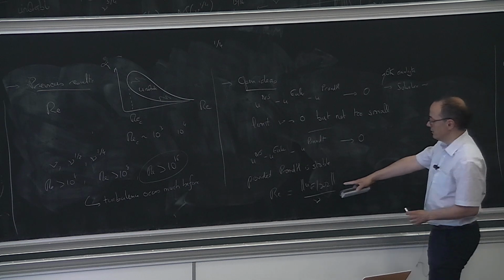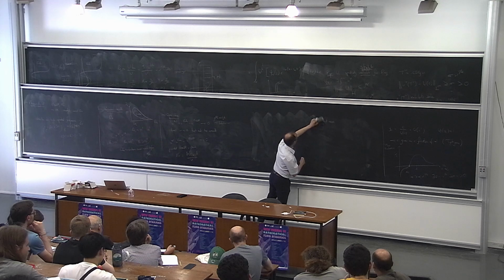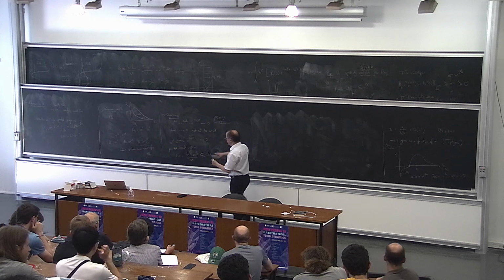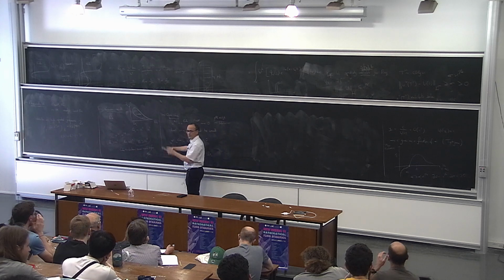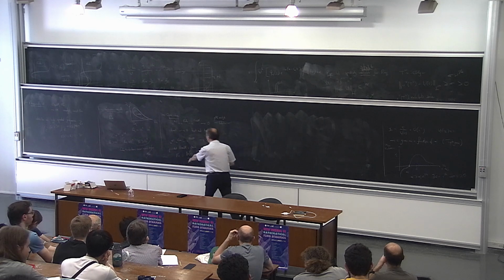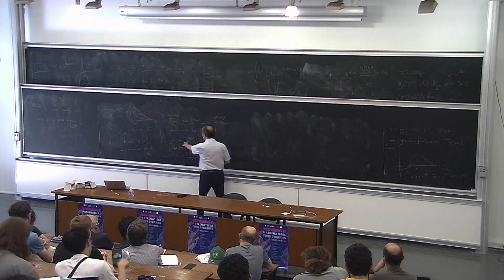So provided this is smaller than a critical number. So this is the value of U on the boundary, divided by the viscosity. So provided the Reynolds number is less than that, then this goes to 0.